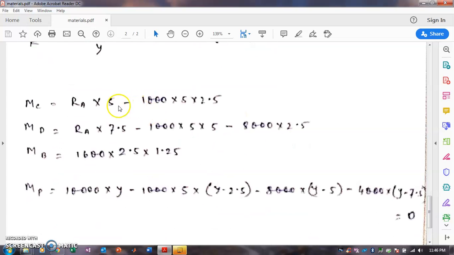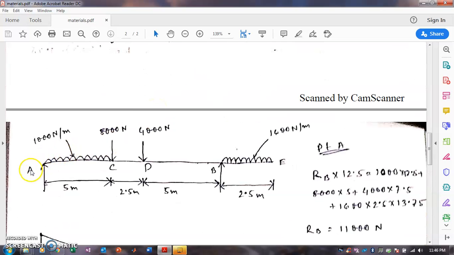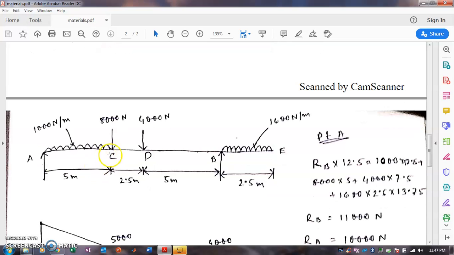The same thing, just the distance changes: RA into 7.5 minus the UDL moment that we calculated for the moment at C, and minus 800 into 2.5.